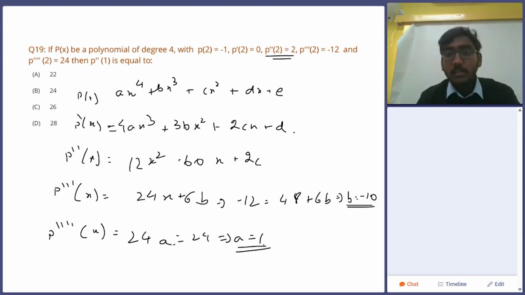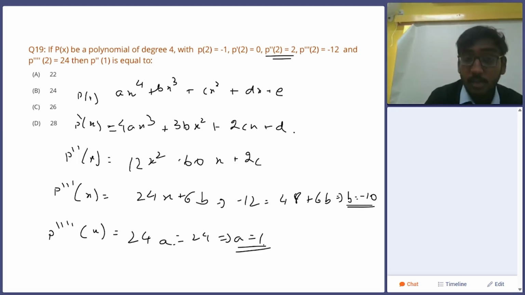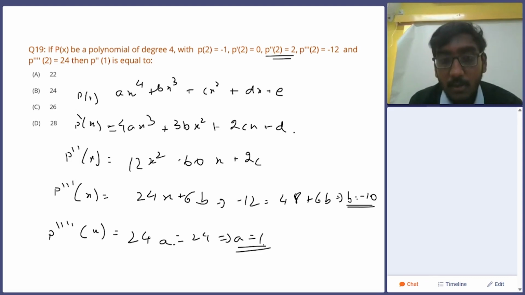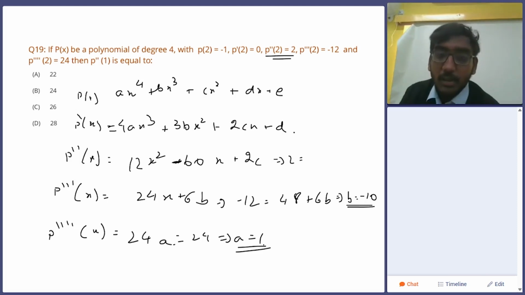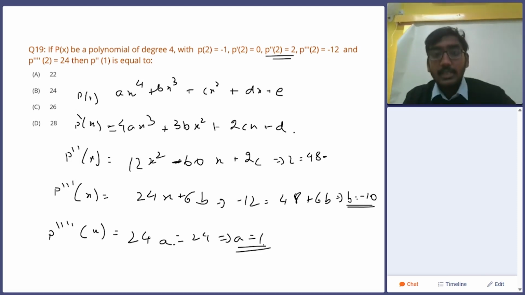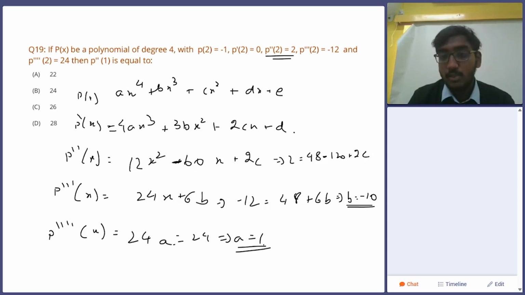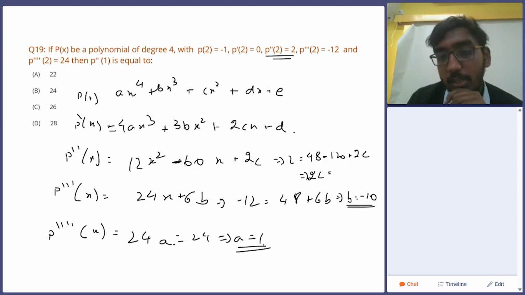With the given condition, f double dash of 2 is 2. That means when you put x equal to 2, you will get 2 on the RHS. Mathematically, it will be 12 into 4, that is 48, minus 60 into 2, that is 120, plus 2c. So 2c equals 122 minus 48.